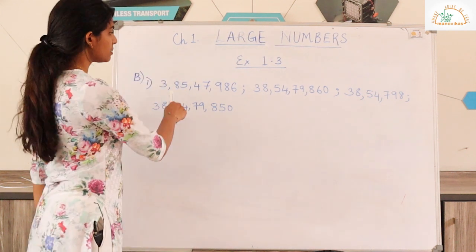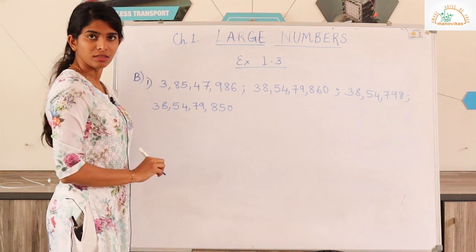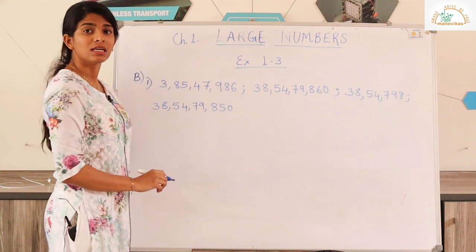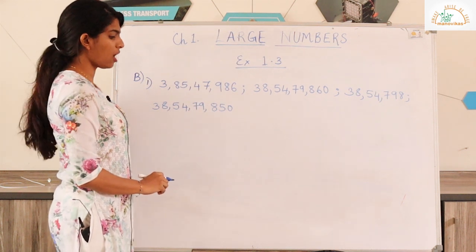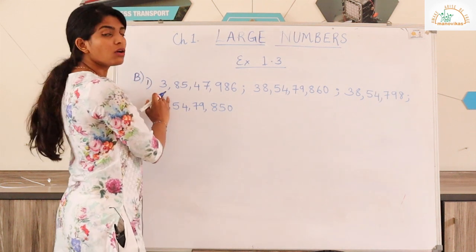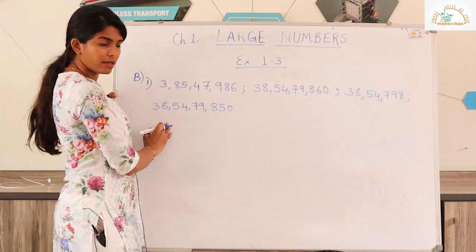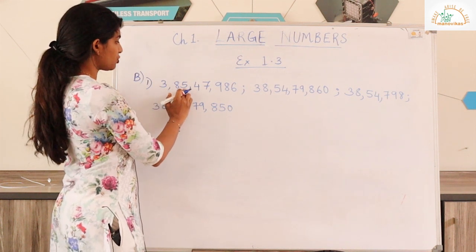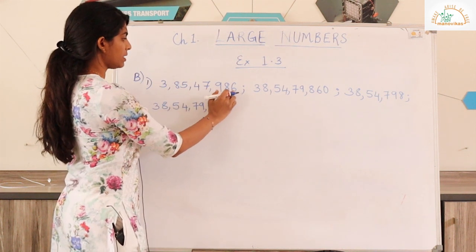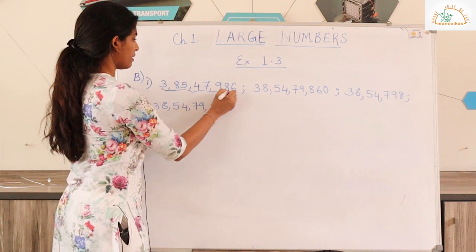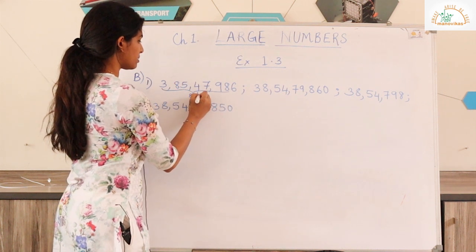So I have written these numbers, 4 numbers I have written. We have to arrange it in ascending order. Let's see how. First, we will count the number of digits in each case. Alright? So here, 1, 2, 3, 4, 5, 6, 7, 8. Here, there are 8 digits.